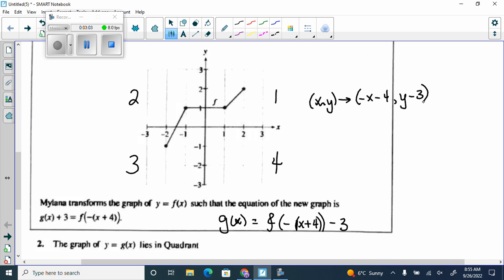Why is that? Because we have a reflection in the y-axis, horizontal translation 4 to the left, and vertical translation 3 down. So this baby is going to flip along the y-axis, right? So it's going to go like this. And then it's going to move 4 left and 3 down. So let's try it out.